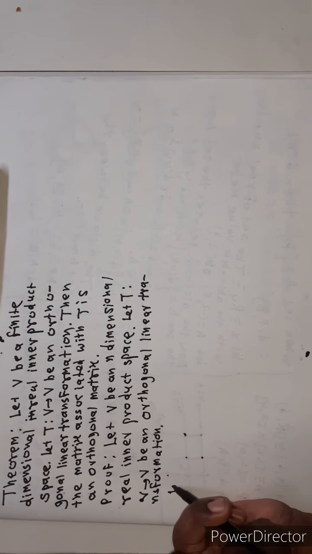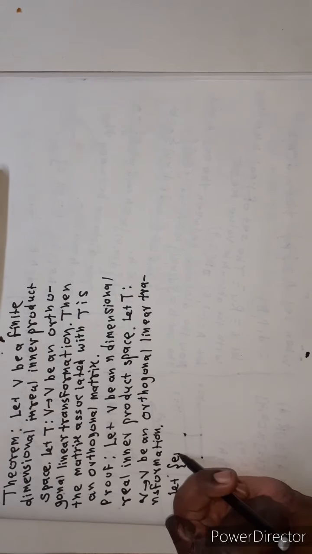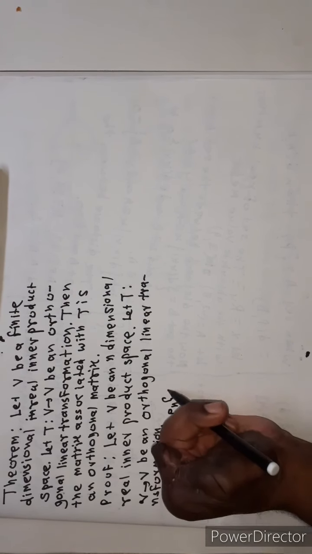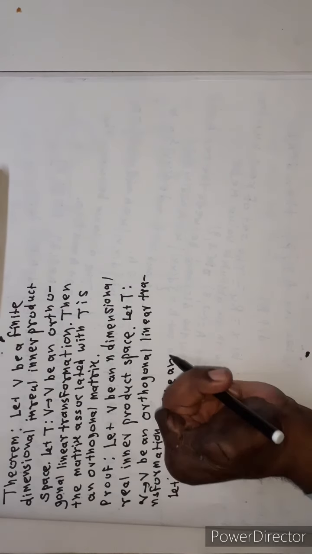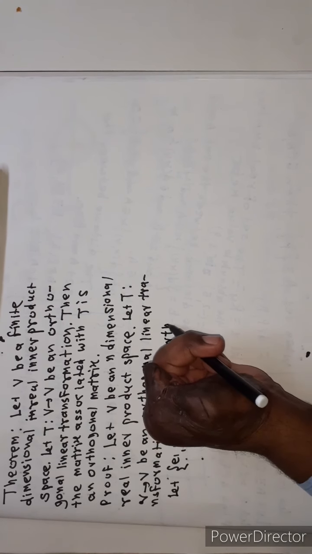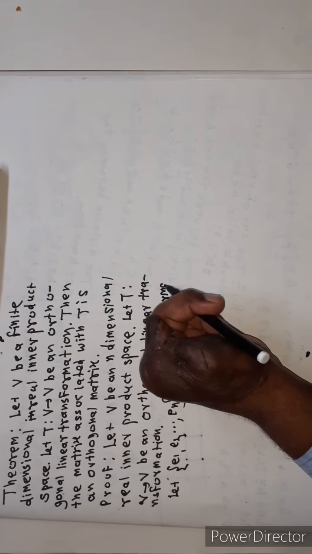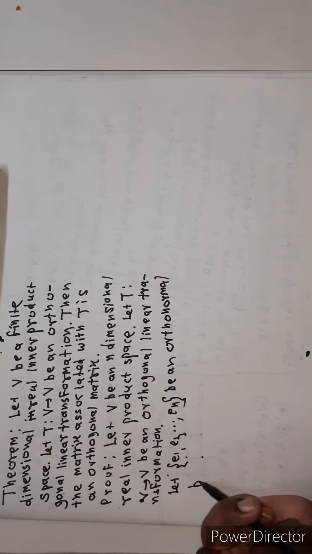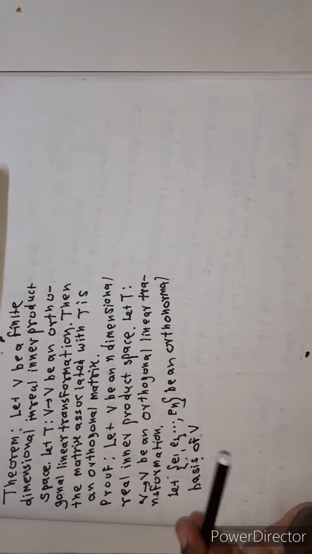Let the set E1, E2, ..., En be an orthonormal basis of V. Here E1, E2, ..., En is an orthonormal basis of V.